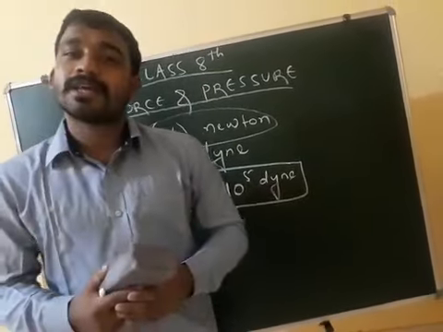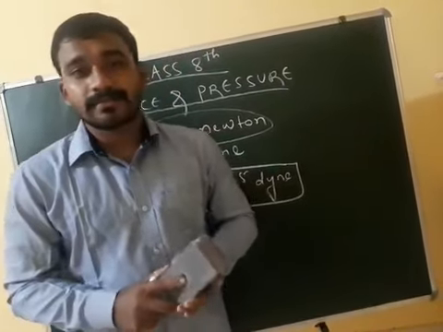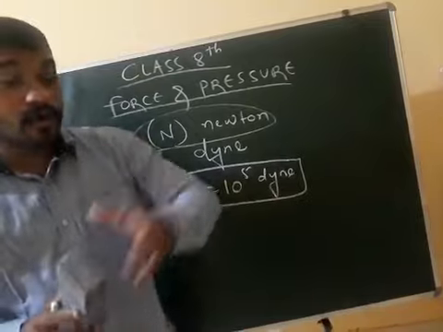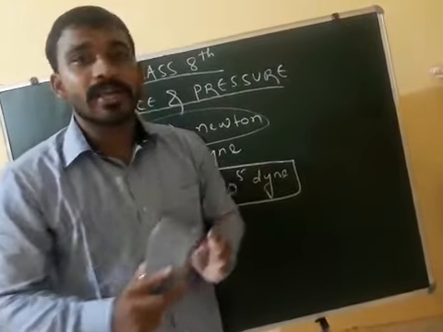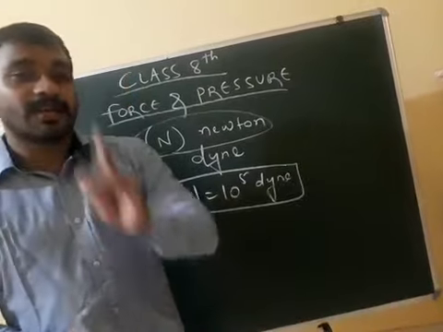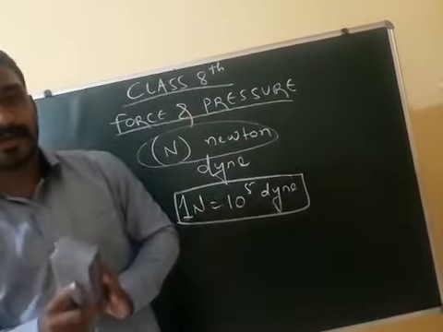Again I am defining: 1 Newton of force is the force applied on a body of mass 1 kg such that the body increases its speed by 1 meter per second. That is called 1 Newton.